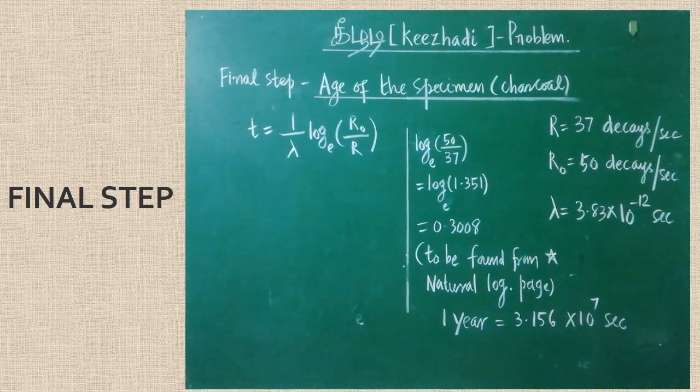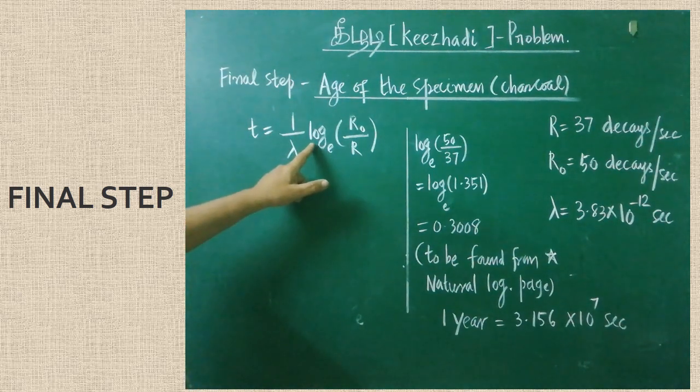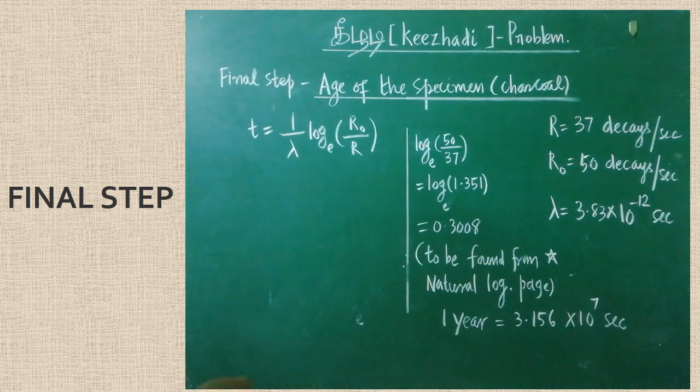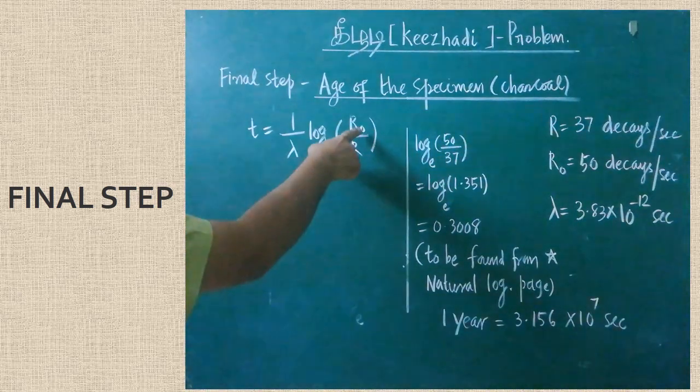Now we are in the final step. In this final step, we are going to calculate the age of the charcoal piece or age of the specimen. Look at the formula. T is equal to 1 by lambda log to the base e of R naught divided by R. Already we know the value of R naught and R. Substitute here.